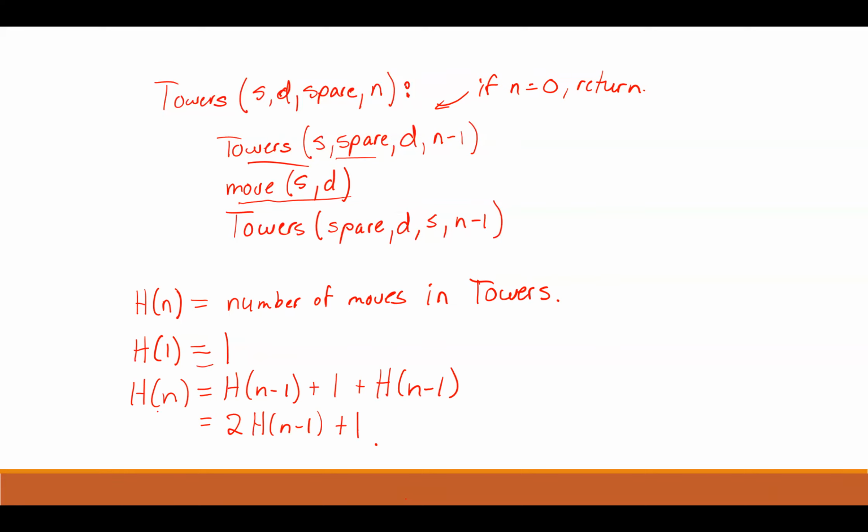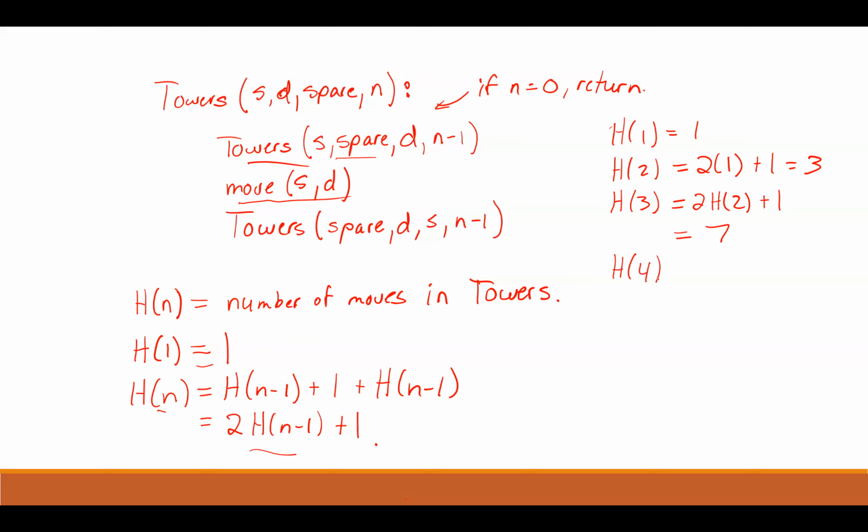I have my base case. I have my recurrence. I can now plug in some values. So h of 1 I know is equal to 1. H of 2 is equal to 2 times 1 plus 1. That's 3. H of 3 is equal to 2 times h of 2, plus 1, which is equal to 7.